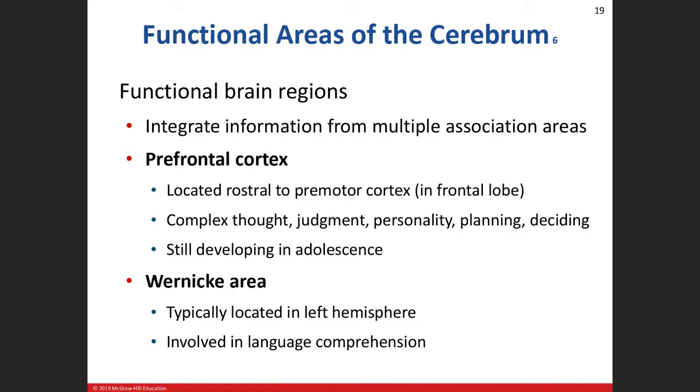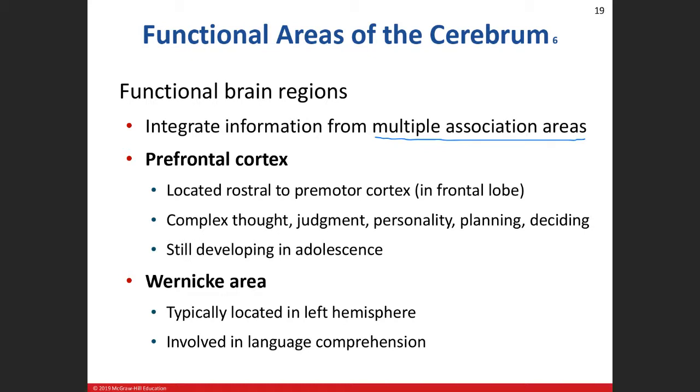Okay, so let's jump into some of the functional brain regions when we're talking about accessing multiple association areas. We have several different areas located throughout your cerebrum, and we're going to access some of those areas.